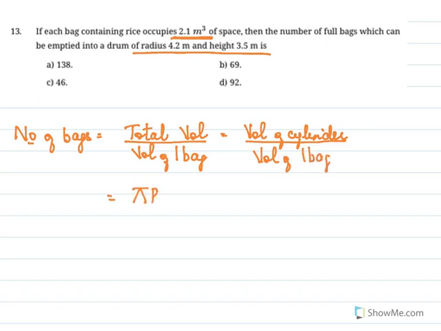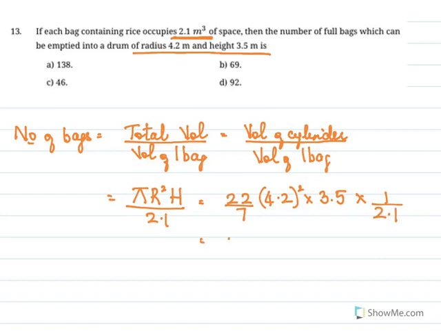Now, volume of cylinder, formula pi r square h, over volume of bag 2.1. So that is 22 by 7, and your r is here 4.2 square. H is 3.5. Divide by, or you can multiply by 1 over 2.1.